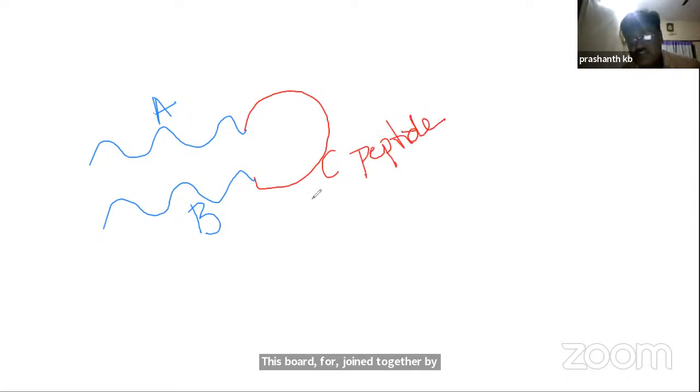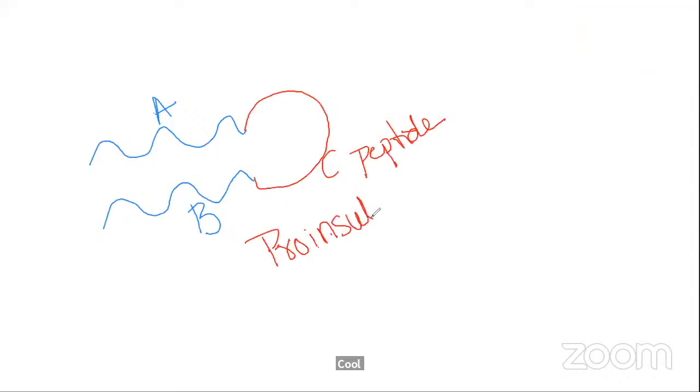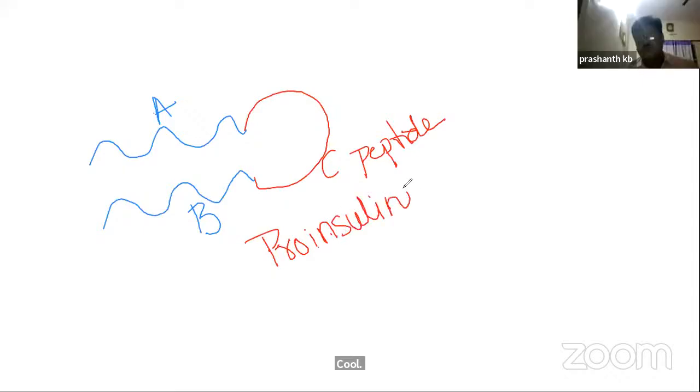Now, in the textbook it is given like this. This is called pro-insulin. Now, this is the inactive form.